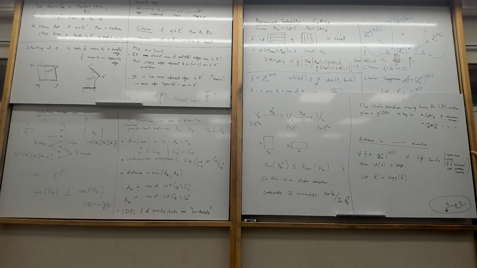And now I'm going to look at the set of edges where f is non-zero, and I'm going to try to repeat the argument that we did before, but now I'm going to use the fact that these are code words.